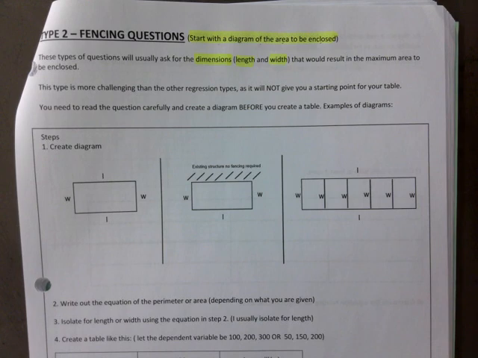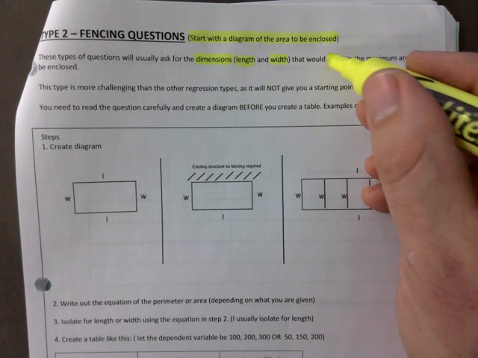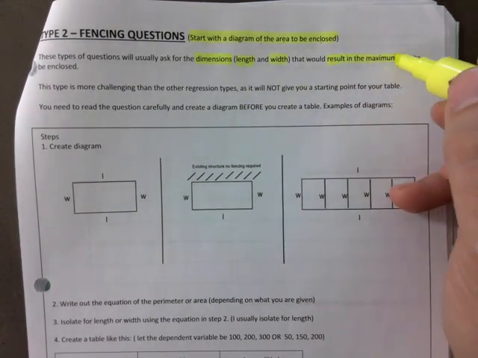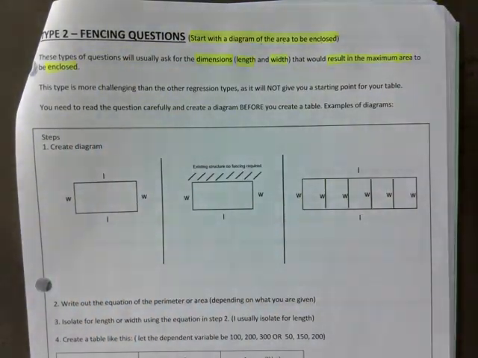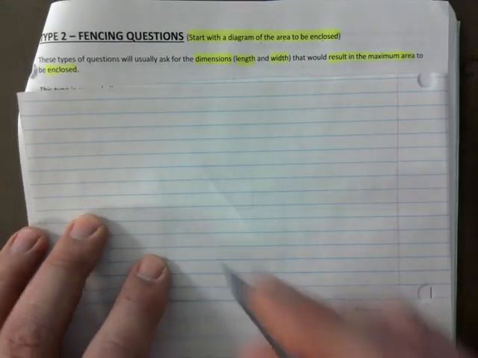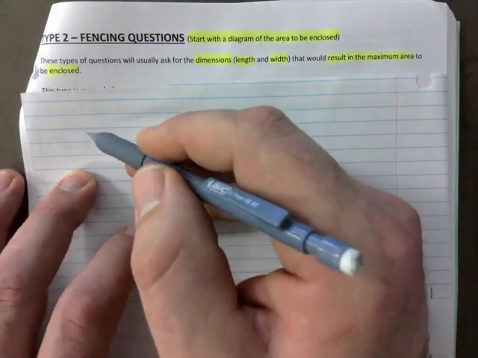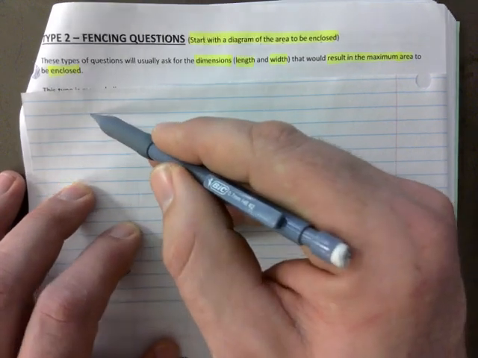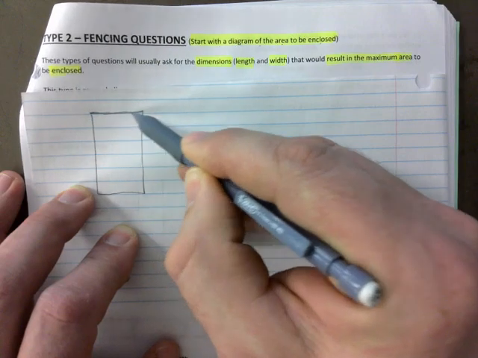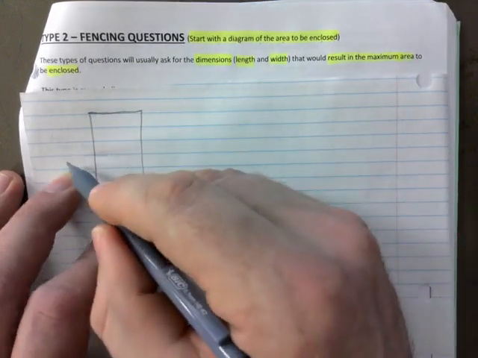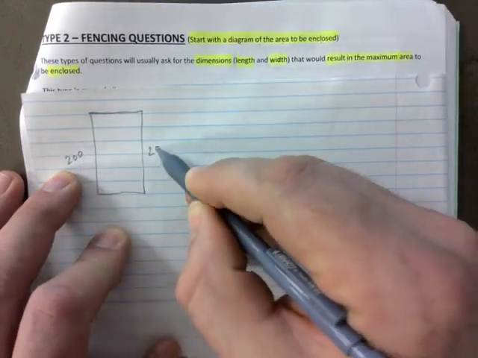When you hear that, you should remember it's length and width that we're talking about, that would result in the maximum area to be enclosed. So I wish I had something prepared to show you this, but it's like if you only have a certain amount of fencing available, you can make it like this, let's say 200 and 200 feet.